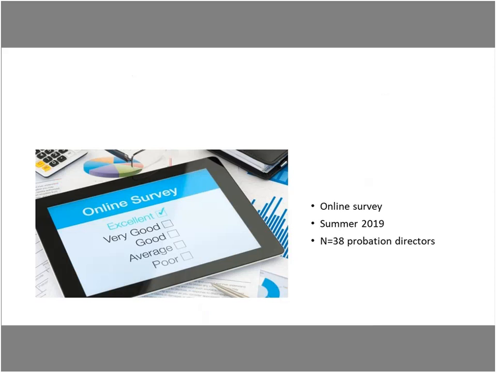We asked 60 questions about demographics, policies, and procedures, the extent of testing done, how they administer tests, different test types they use, how they handle results and respond to those results. We had an 84% response rate, with 38 probation directors out of the 50 we were targeting.